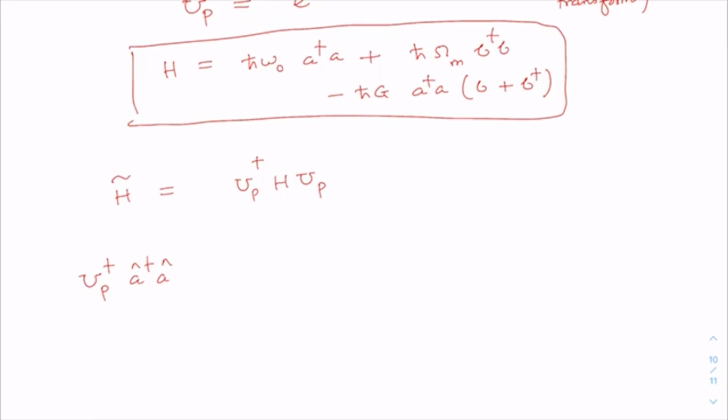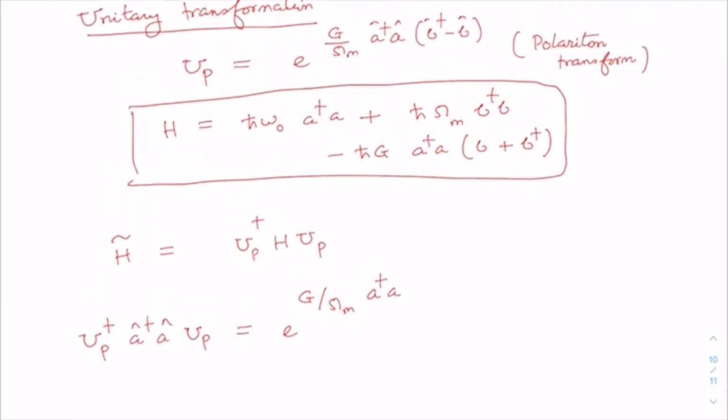So it is U_p† a†a U_p, and here I have e to the power (z/Ω_m) a†a (b† minus b). I am taking U_p†, so it is (b minus b†), and here a†a, and here I have (z/Ω_m) a†a (b† minus b).